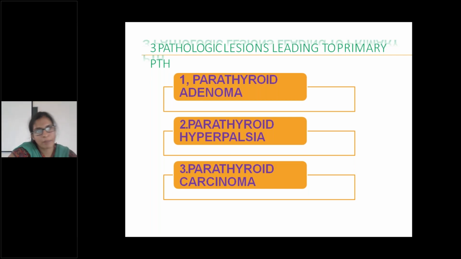And I have completed my surgery. To confirm the complete removal of the parathyroid adenoma, I will take another sample and send it to the lab and measure the parathyroid hormone level.